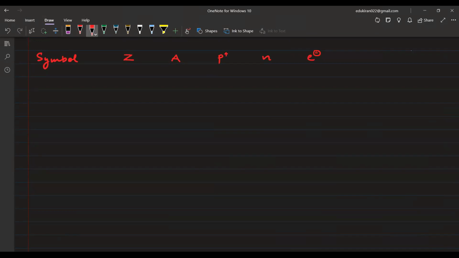So let us say you have beryllium 9 and 4. Then you have calcium 40, 20. Let us say it also has charge 2+.